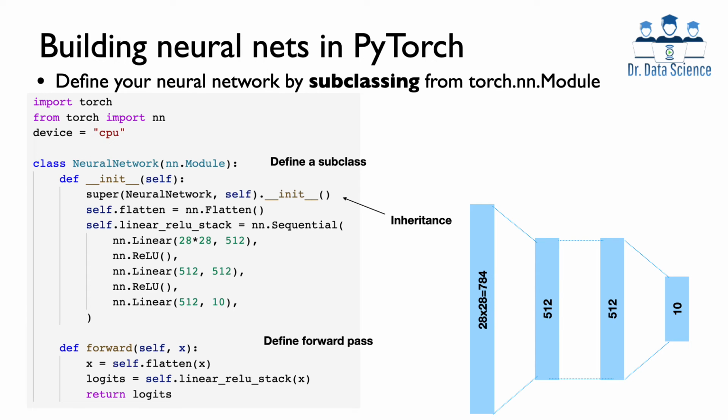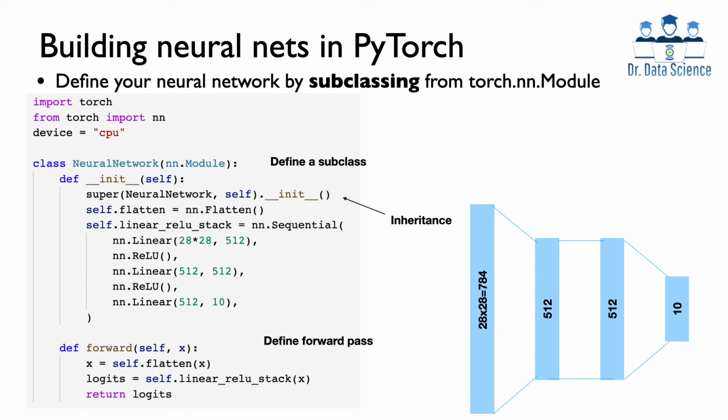So now we use again the class statement, and the name of the subclass that you want. This is the name that you have to choose. And then inside parentheses, this should be the base class, so this must be nn.Module. Remember, the first thing is the constructor part, because you want to initialize this model, this class that you have here.